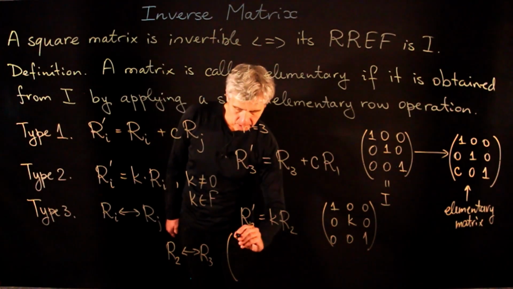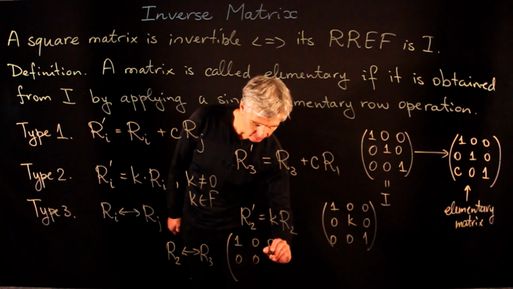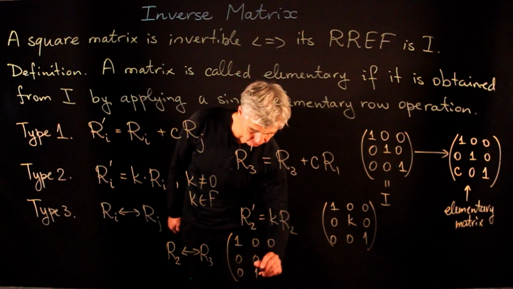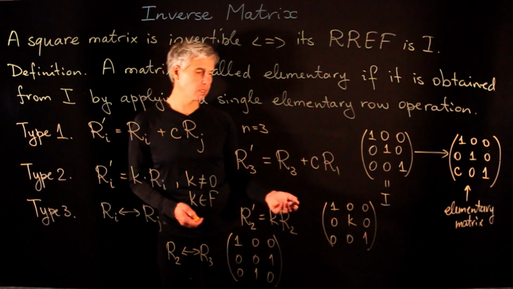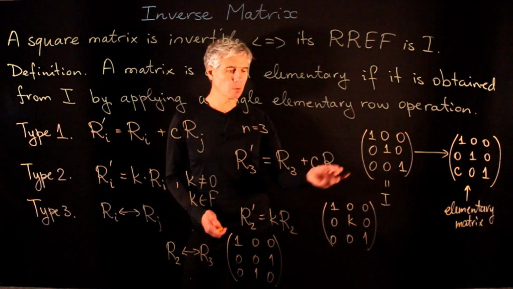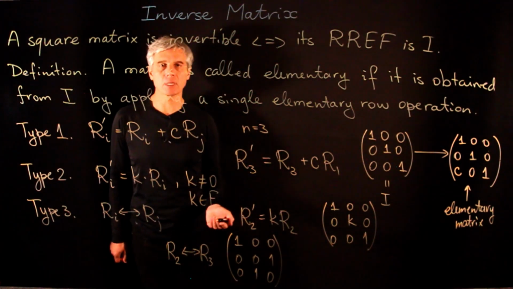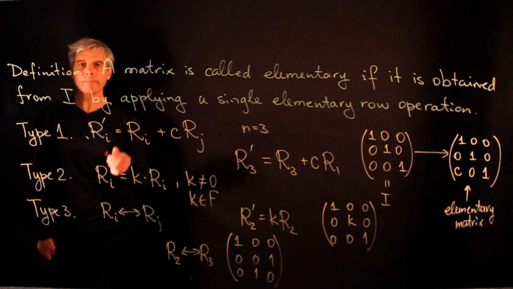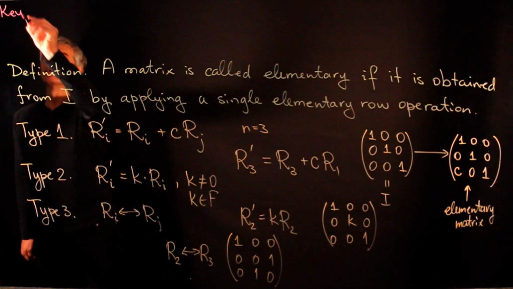And the matrix that we get is the following: 1, 0, 0, 0, 0, 1, and 0, 1, 0. So we see that given an elementary row operation, we can easily construct the corresponding elementary matrix. Our method for matrix inversion is based on the following key observation.